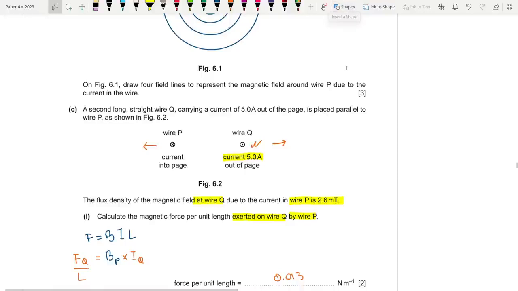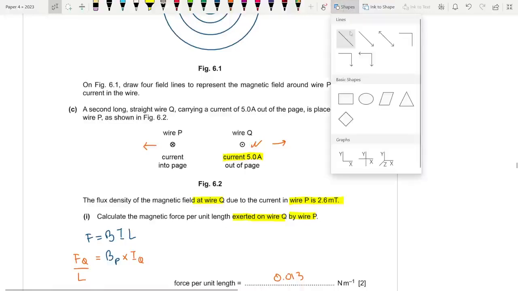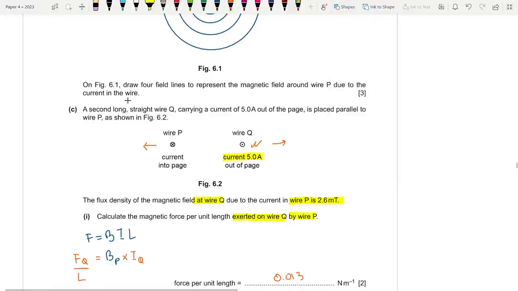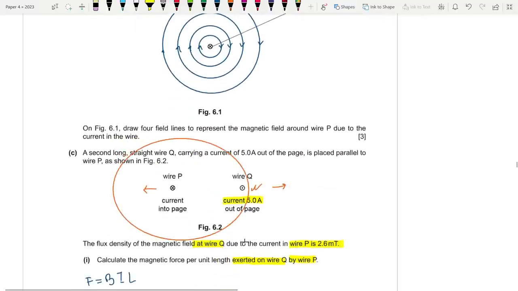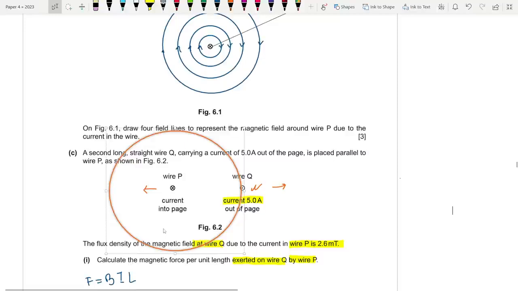And I could show you how the left-hand rule is applied. Let me show you. Basically, wire P is carrying current into the page. So if you draw the diagram properly, it's a clockwise current, and the magnetic field lines will be in a clockwise direction. If you use your left-hand rule over here, the current of 5 amperes is coming out of the page, so the middle finger will point out of the screen and the index finger will point downwards.